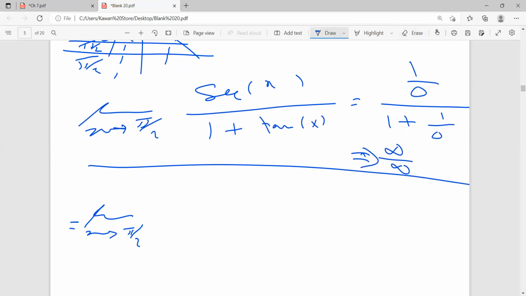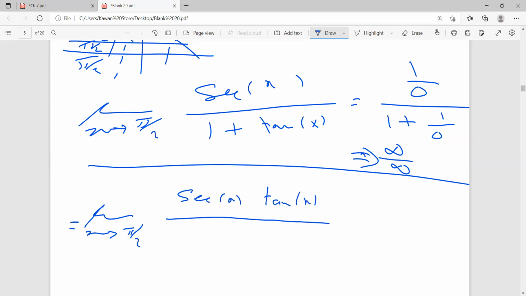The derivative of secant is equal to secant times tan. So we have secant of x, tan of x.